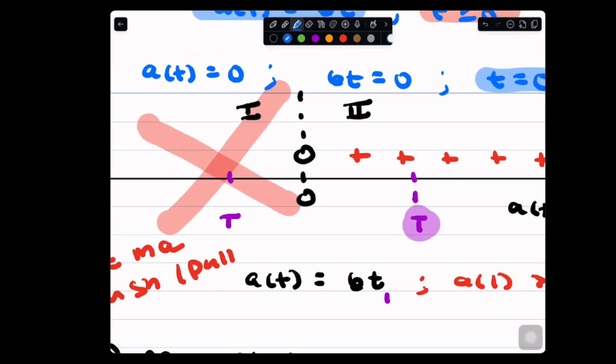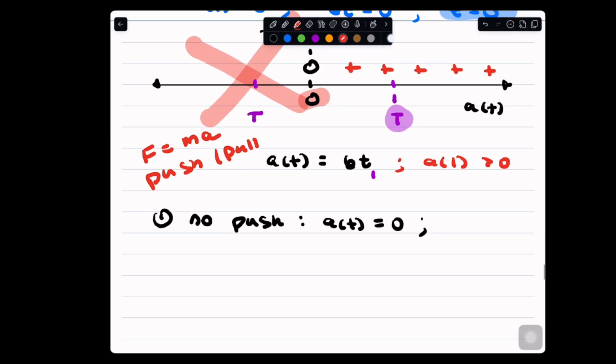The acceleration is 0 when t is 0, right? Because these are all those t values. T is 0 there. Good. So I'll give you guys a little bit more here, but that's kind of what they want to know. When there is no push or pull, that happens when t is 0.